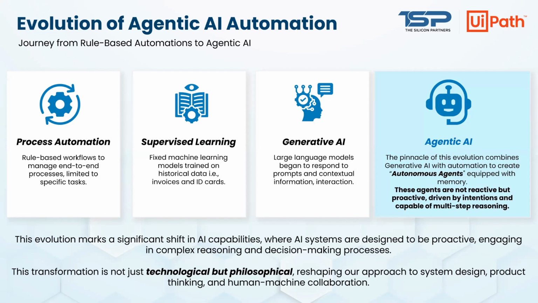So the first and most important thing is the evolution of agentic AI automation. It is important to understand the journey, as we have all seen process automation happening over the last 23 plus years in many different ways. Robotic process automation was introduced approximately 8-9 years ago with platforms like UiPath and many others.